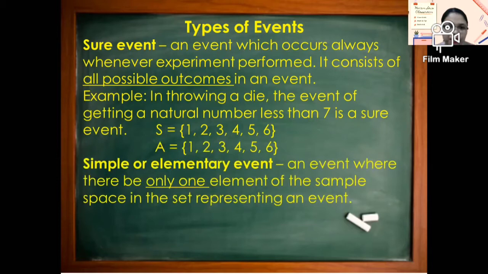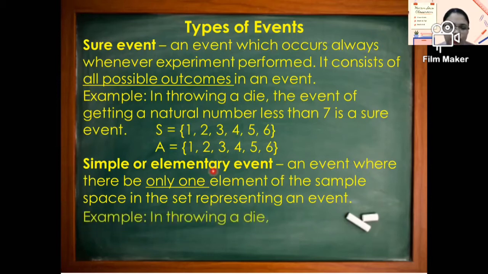Let's have now simple or elementary event, an event where there is only one element of the sample space in the set representing an event. So kung papansin natin, yung naka-underline word dito is only one element. When we say element, yung mga number na nandito po sa ating sample space. So meron lang daw dapat isang element sa ating given event. Okay? So tingnan natin.